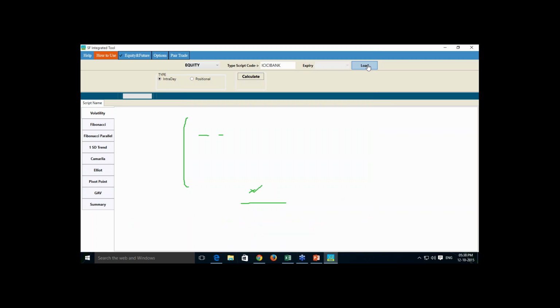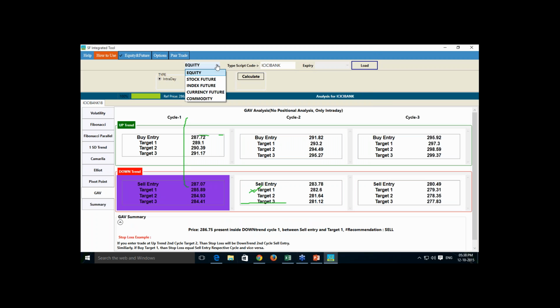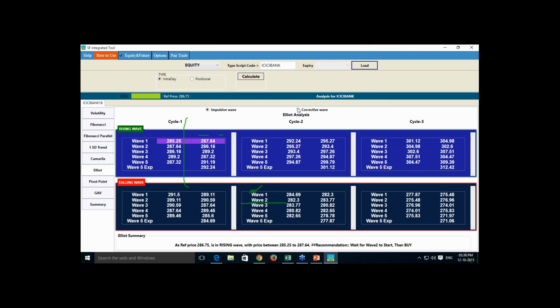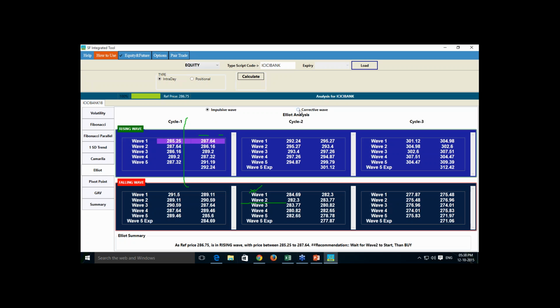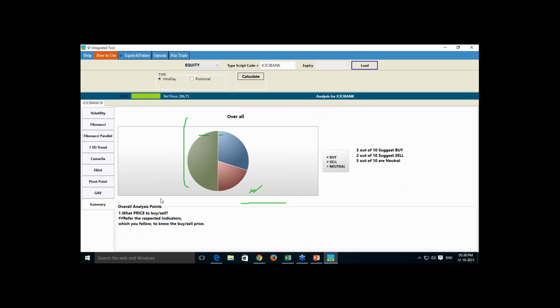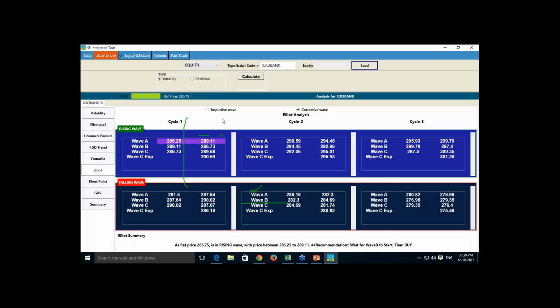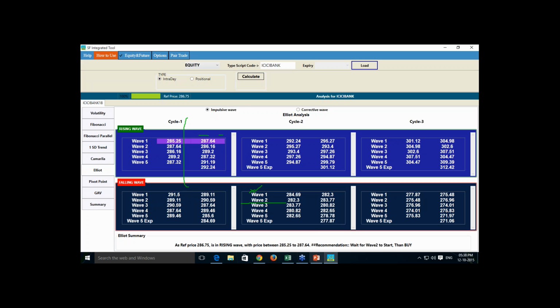We have also added the cycle concept into that. So any instrument of your liking, you can just choose equity, future, index future, anything. Then you have to just hit a button, then go for the Elliott study. You want to see the impulsive cycle or corrective cycle. So this will show you, and once you go to the summary, you will get the details: how many studies are suggesting you to buy, how many are for sale, and what each cycle says, where the price is, whether you should buy or sell.